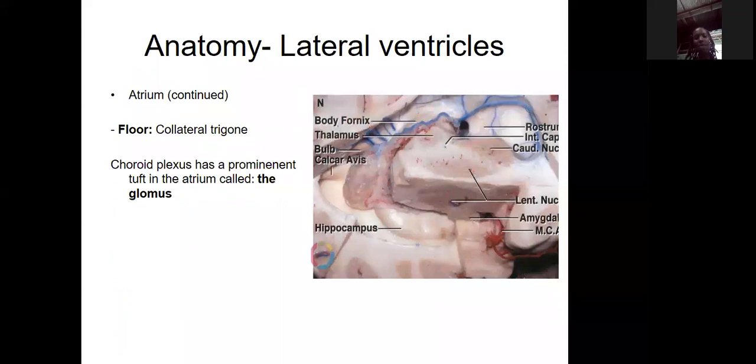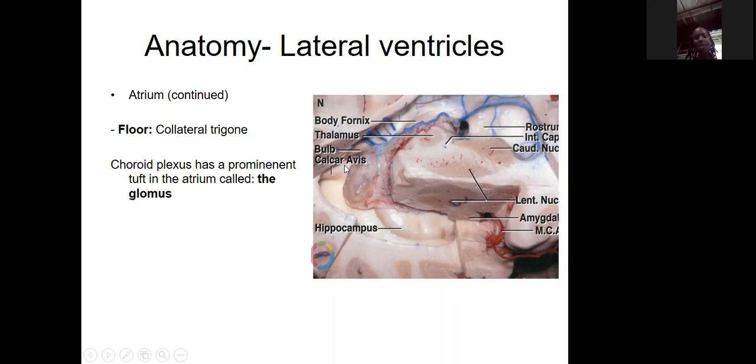As we can see here, it has a floor too, which is represented by the collateral trigone. Inside the atrium, we have a prominence of the choroid plexus, which is named the glomus. As you can see here, the atrium, and the temporal horn, which extends down here.